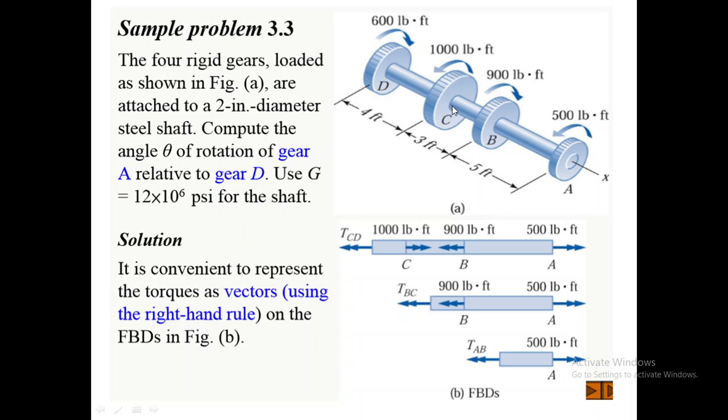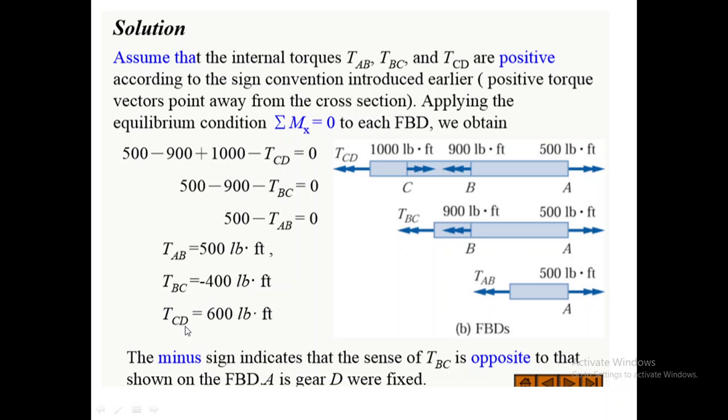So for portion CD, it will be 600 Newton meter anti-clockwise direction at C, and it will be balanced by clockwise direction torque 600 Newton meter. So for portion CD, the torque is anti-clockwise 600 Newton meter.